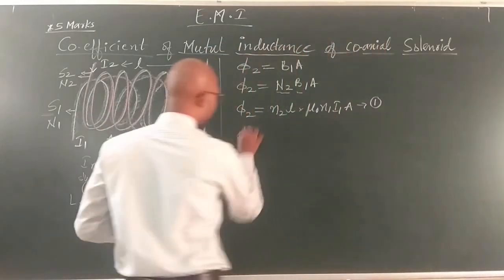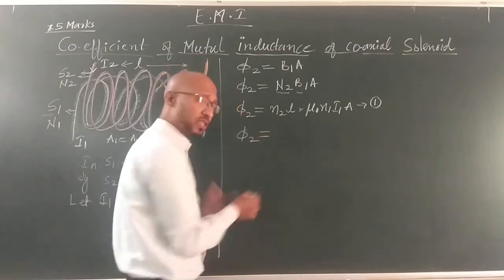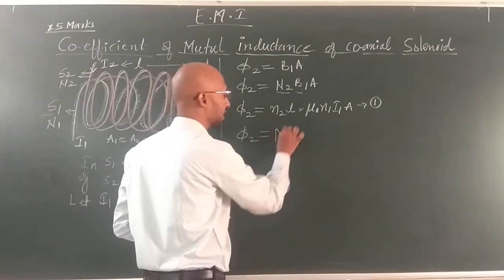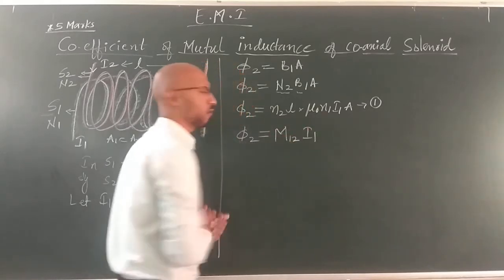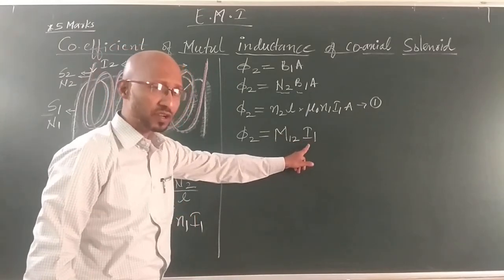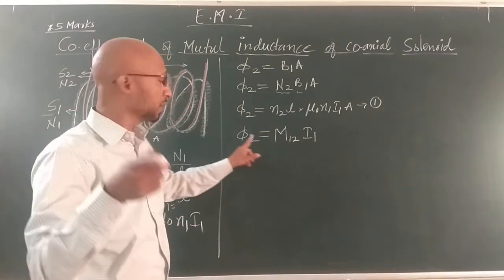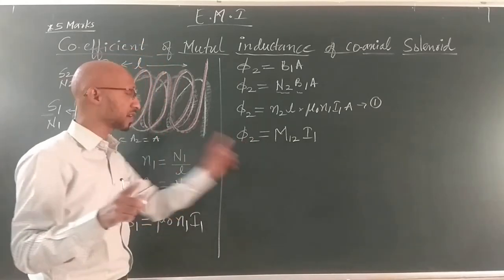It means that if I write an equation, a constant will come. That constant I write as M12 I1, since the current flowing in the first solenoid is directly proportional to the magnetic flux linked with the second solenoid.